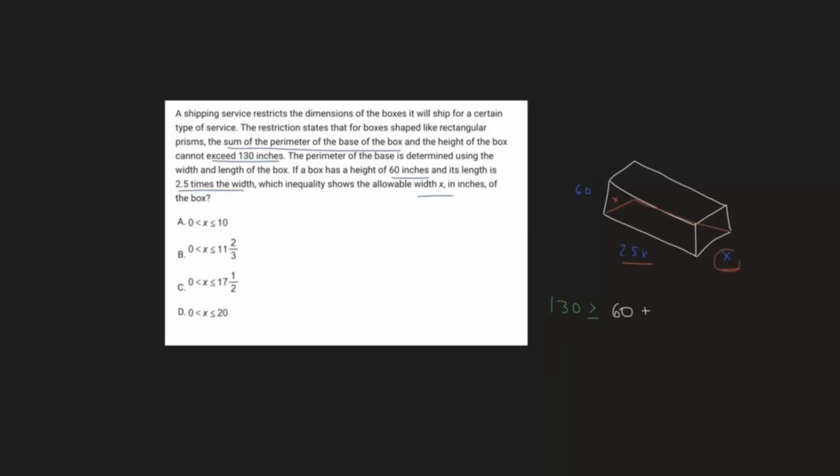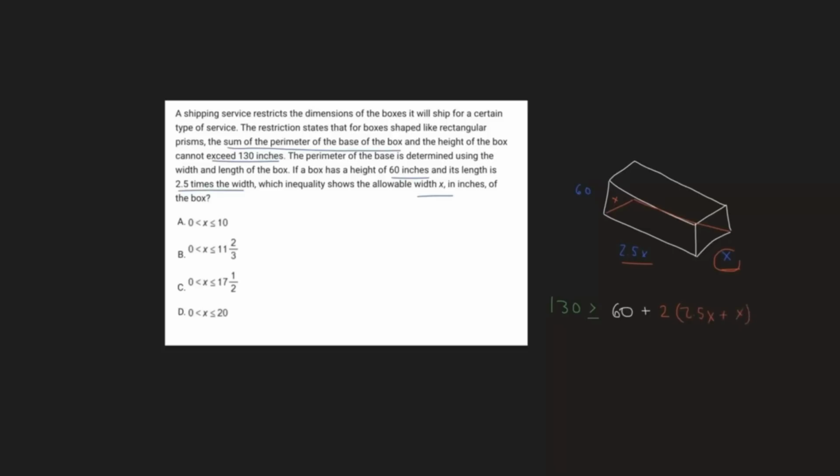You have 2.5x on one side and 2.5x on the other side. And therefore, when we write our inequality to find the perimeter of that base, we can just double the addition of both the length and the width. And so we can write this as 2 times 2.5x plus x.